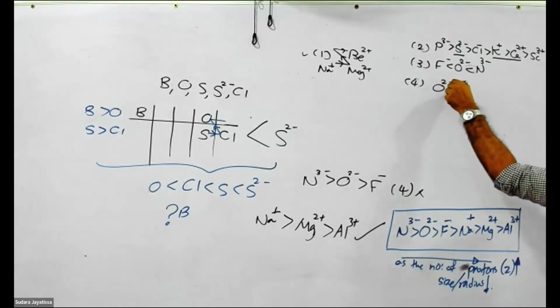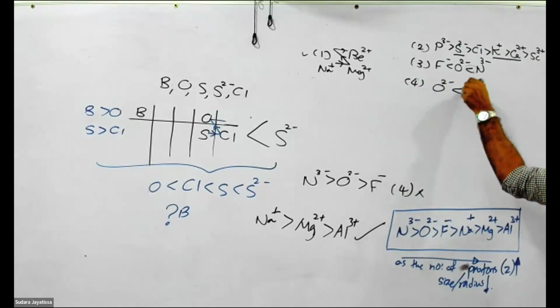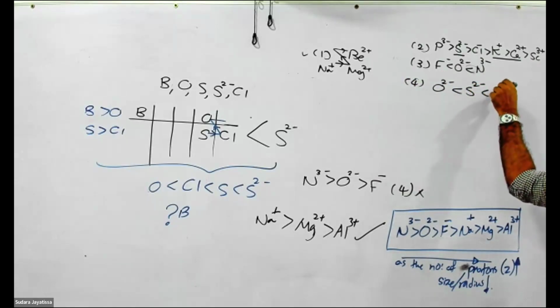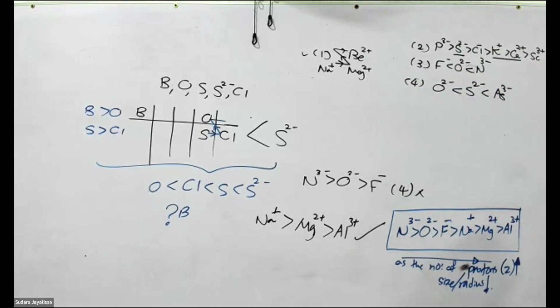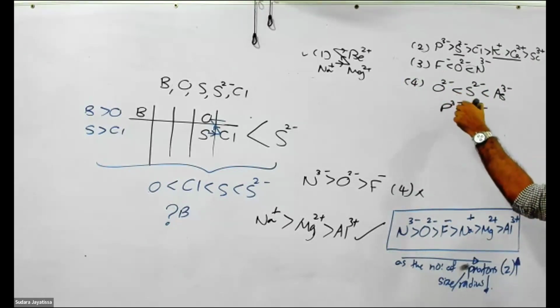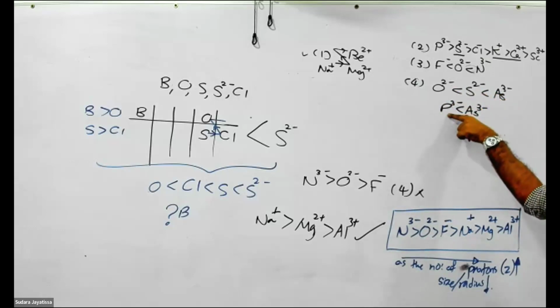And then fourth one, oxygen O2 minus, S2 minus, and then you have arsenic. Arsenic 3 plus is larger than P3 minus, so S2 minus is smaller than P3 minus.